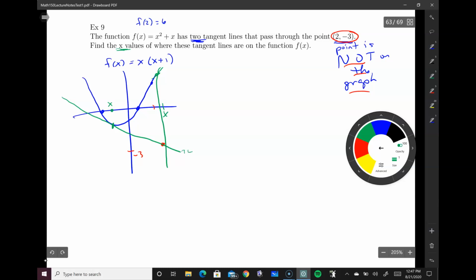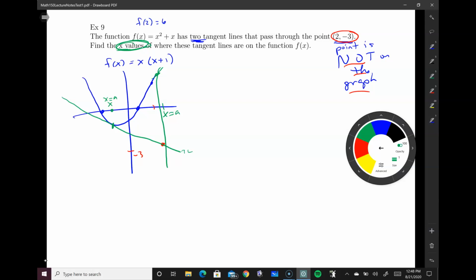Again, the picture's not going to help us, but I do want to make sure you know this red point is not on the graph. Okay, so when I'm trying to find these two x values, I'm going to say that these x values are called A. That's what I'm trying to find. So I want to find the number A that makes this happen.